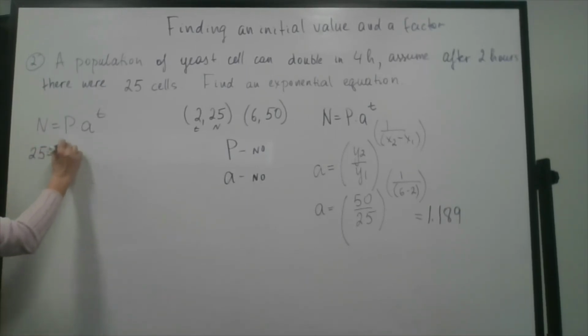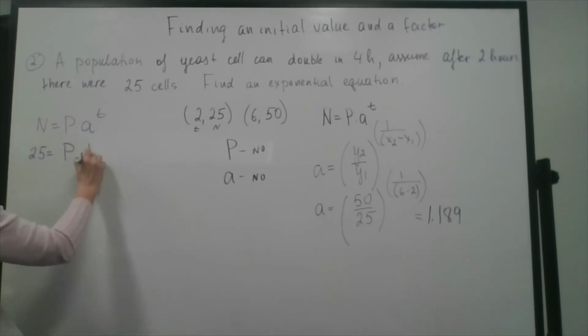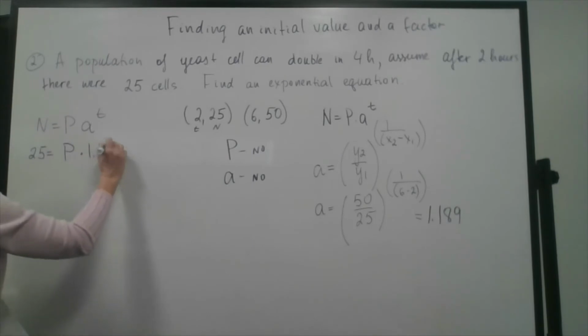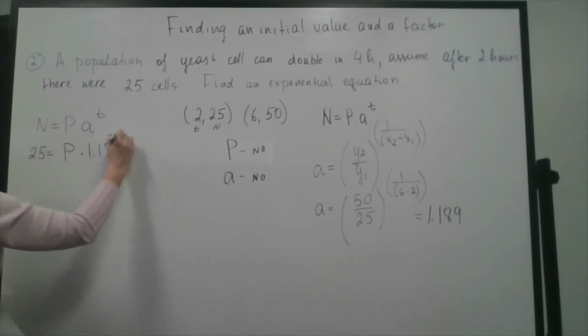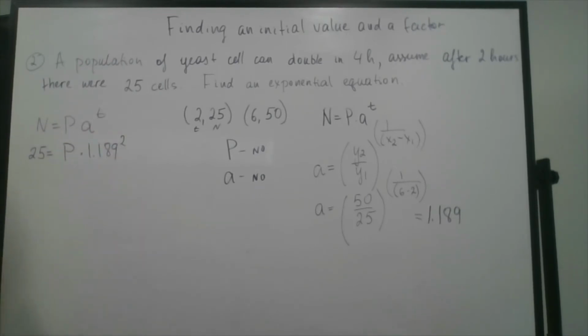I don't know P, I will keep P here. My A is 1.189 and my t in this case is 2. So instead of t, I will substitute 2. To have P by itself, it's multiplication here, so you have to divide. And whatever you do to one side, you have to do the same to the other side.